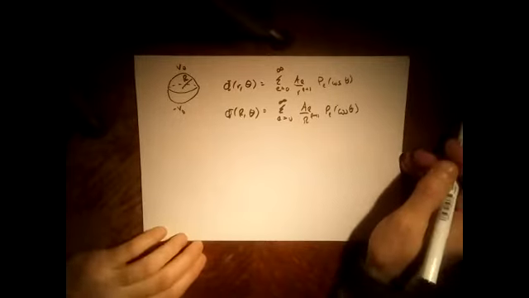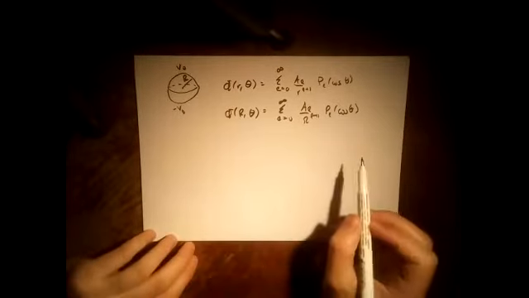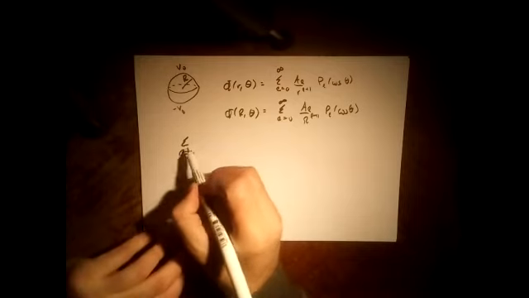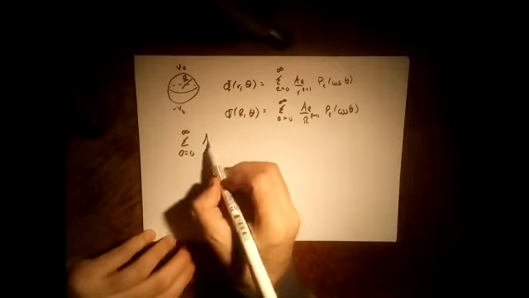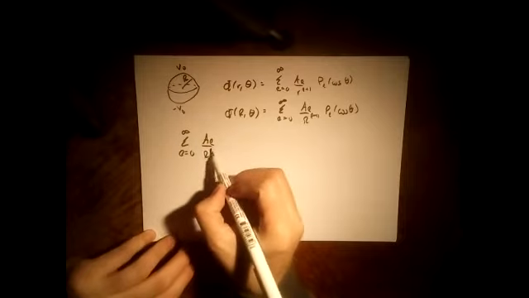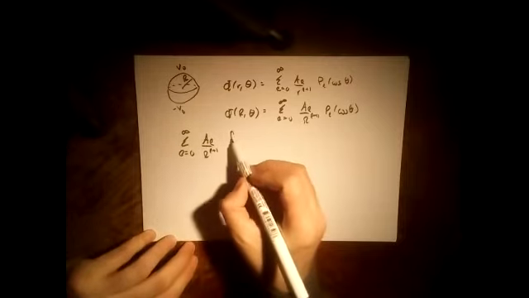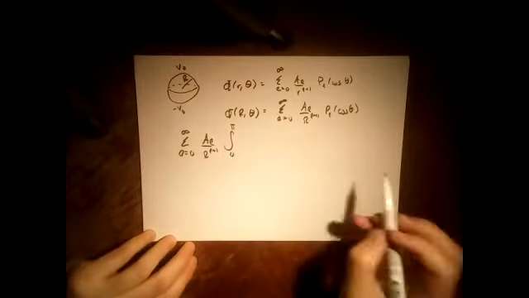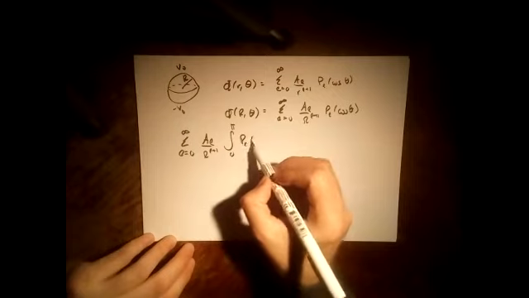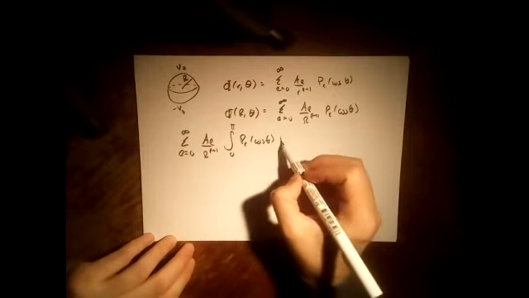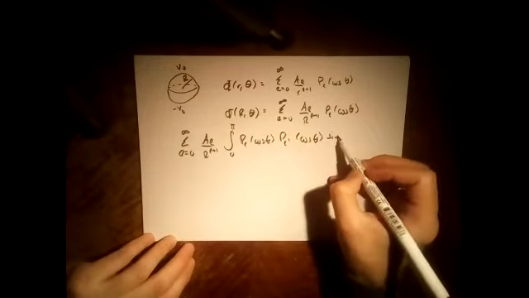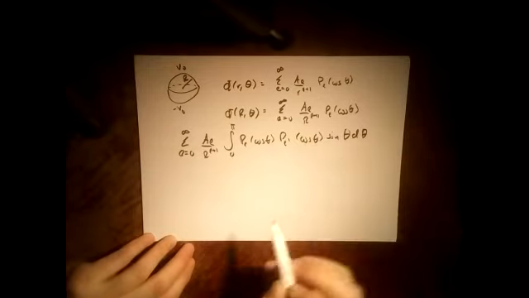So the next step would be to say, I'm going to write the sum over L equals 0 to infinity of A_L divided by R^(L+1), and I'm going to integrate from 0 to pi on this side, P_L(cos theta) P_L'(cos theta) sine theta d theta.